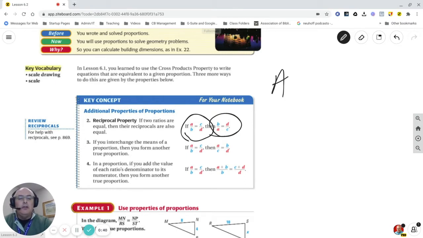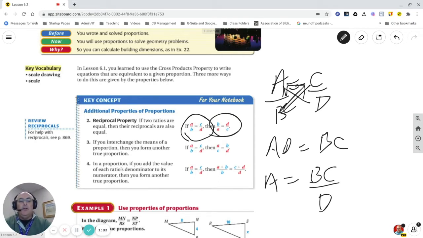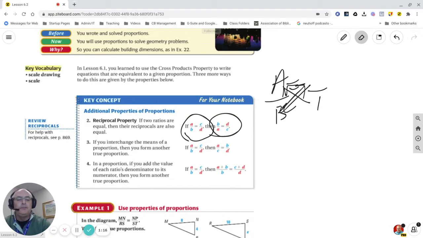What I notice is ultimately, if I have A over B equals C over D, I can say AD equals BC. I can say A equals BC over D. What I have to remember is that I can cross multiply, I can divide both sides by a numerator, and I can change how my equation is set up, even though all of these are going to be valid and equal equations.